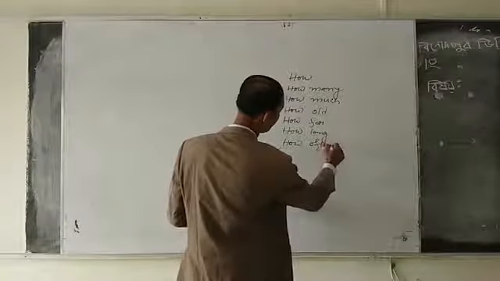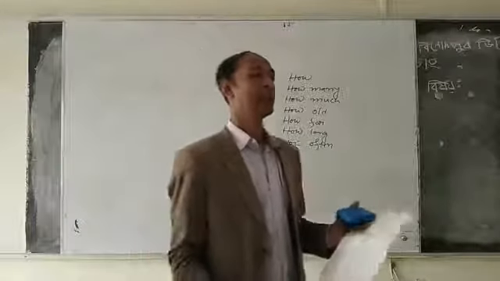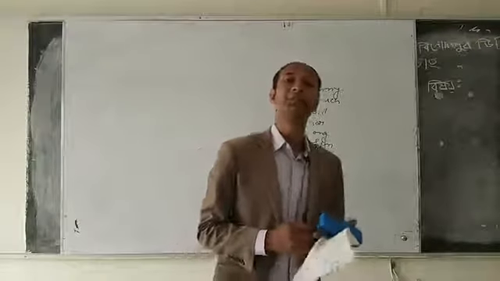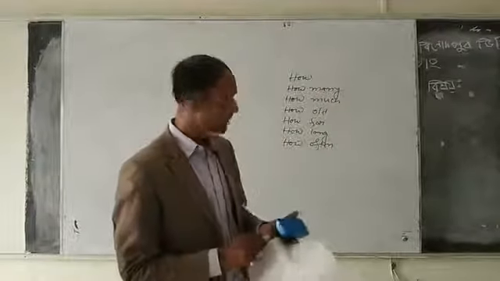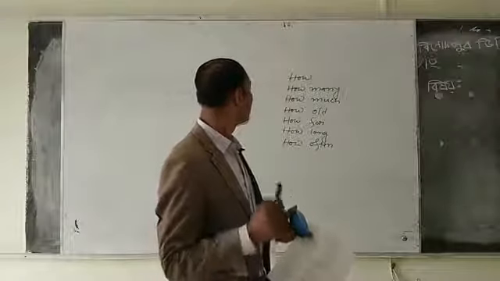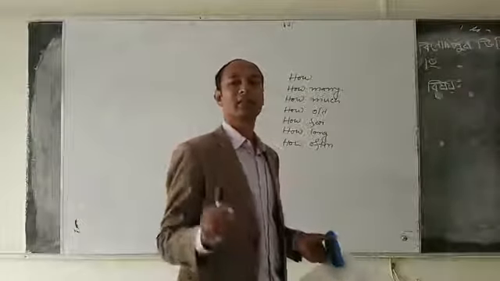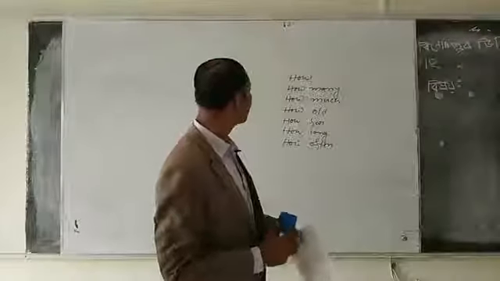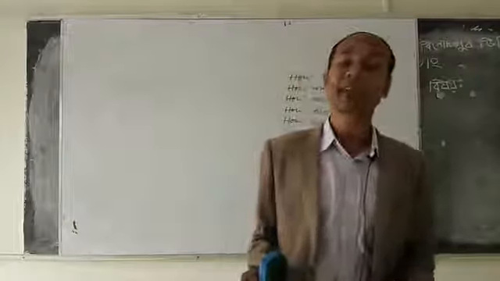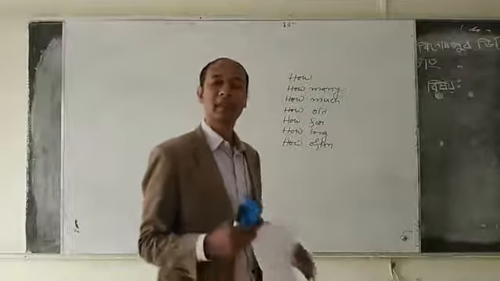Dear students, we know every assertive sentence gives us information. That means from the assertive sentence we get information. The information is about time, the information is about manner, the information is about place.